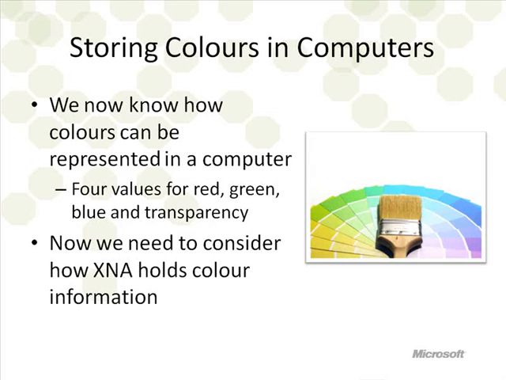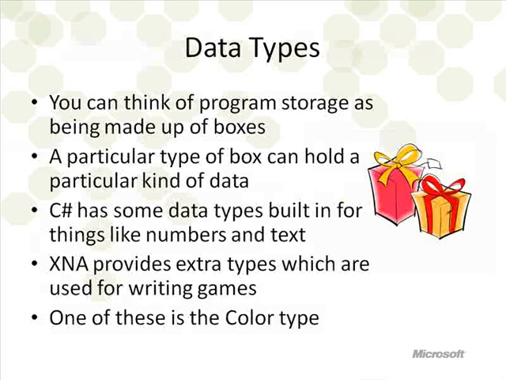Now we have to figure out how XNA actually does it. As far as XNA is concerned, it makes use of a feature that's part of C#, which is that you can create things that hold information and you can put them into boxes. And as far as the computer is concerned, each box has a particular type. We have this too.